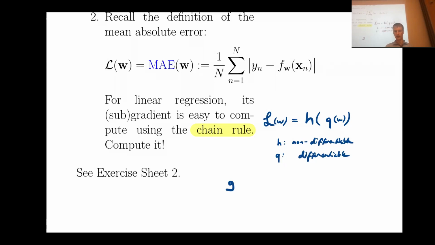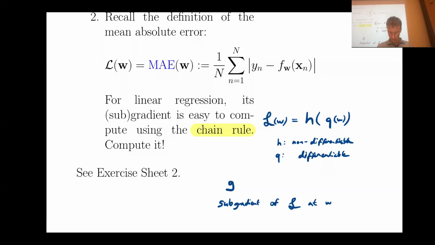Question: can I now build a subgradient of the joint function L? I want to find a subgradient of L at my current position W. How do I do this?